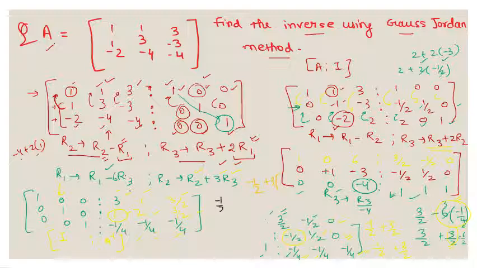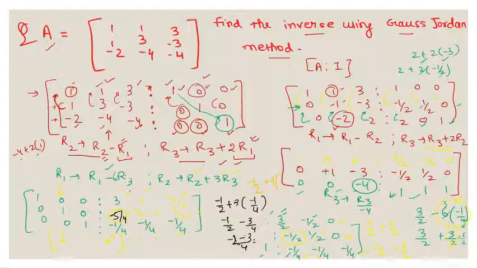So this is your minus 1 by 2 plus 3R3. R3 is what? Minus 1 by 4, right? So minus 1 by 2 minus 3 by 4. 4 is LCM, minus 1, 3 to the 6. This is plus, right? So minus 1 by 2 plus 3 minus 1 by 4. So this is 2 and this has become minus 3. That means minus 5 by 4. This should be minus 5 by 4.